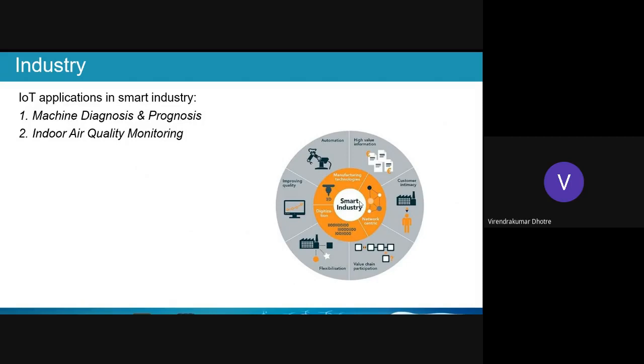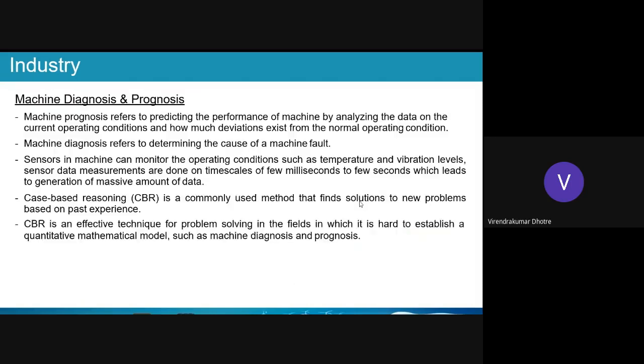In industry, there are different kinds of machines working, maybe for generation or manufacturing of different products. There is a manufacturing unit, and its machines are working, and we can analyze the real-time health of these machines. That is called machine prognosis, which predicts the performance of a machine by analyzing the data on current operating conditions and how much deviation there is.